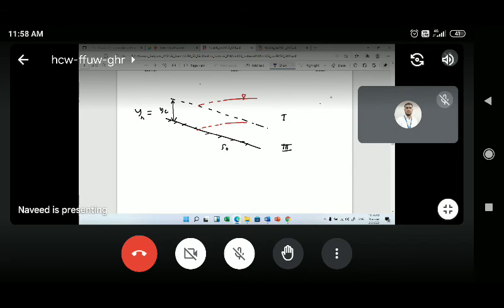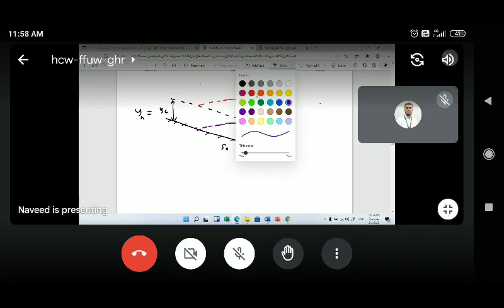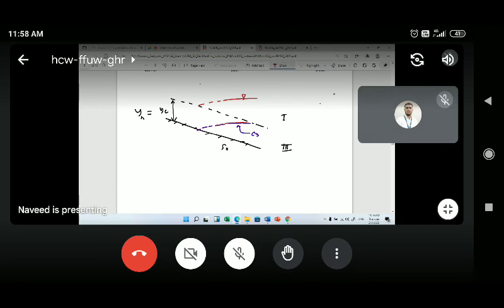So if I say this other one is blue, so this one is C3 and the above one is C1, because there is no second zone, so C2 doesn't exist. So this is your figure of critical slope, and how the pattern of the slope behaves is also explained.